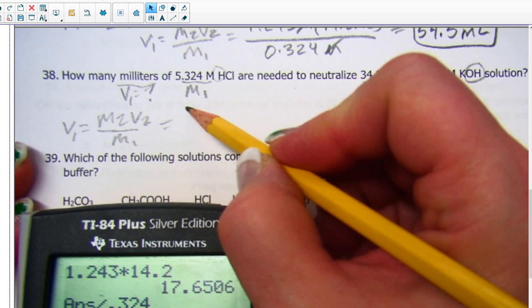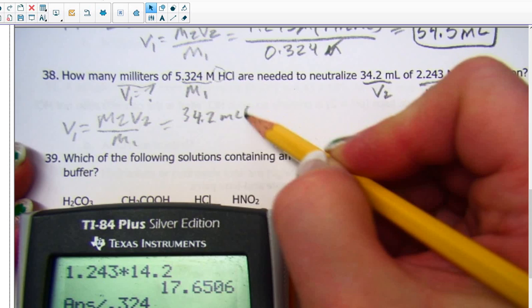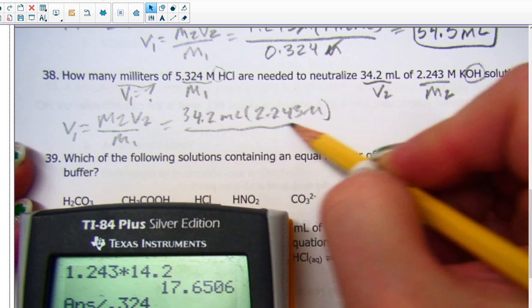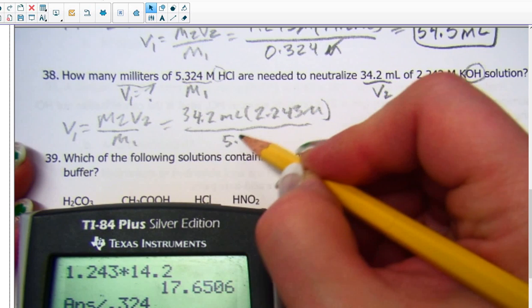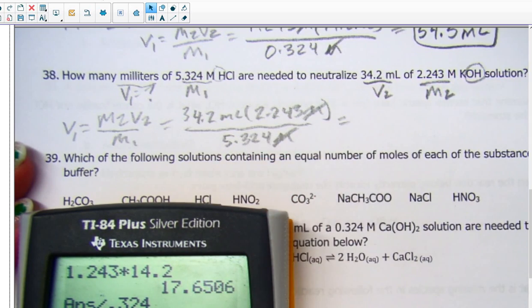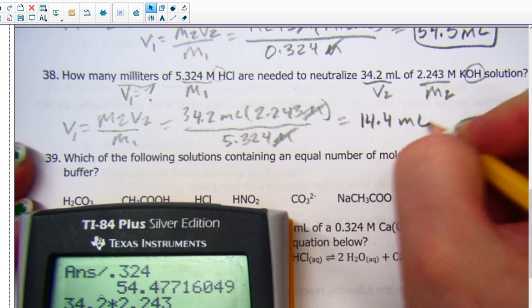Plugging in 34.2 milliliters times 2.243 molar divided by 5.324 molar. Molars cancel. 34.2 times 2.243 enter divided by 5.324. 14.4 milliliters.